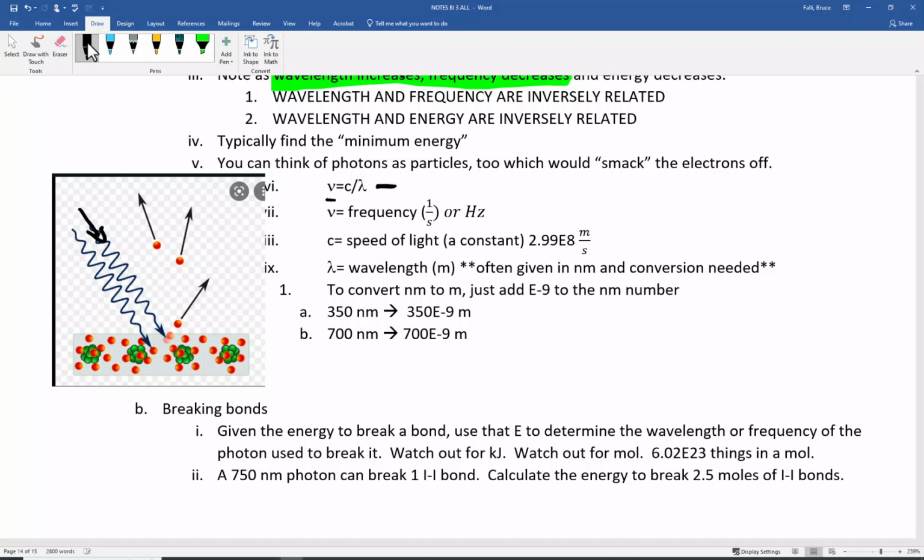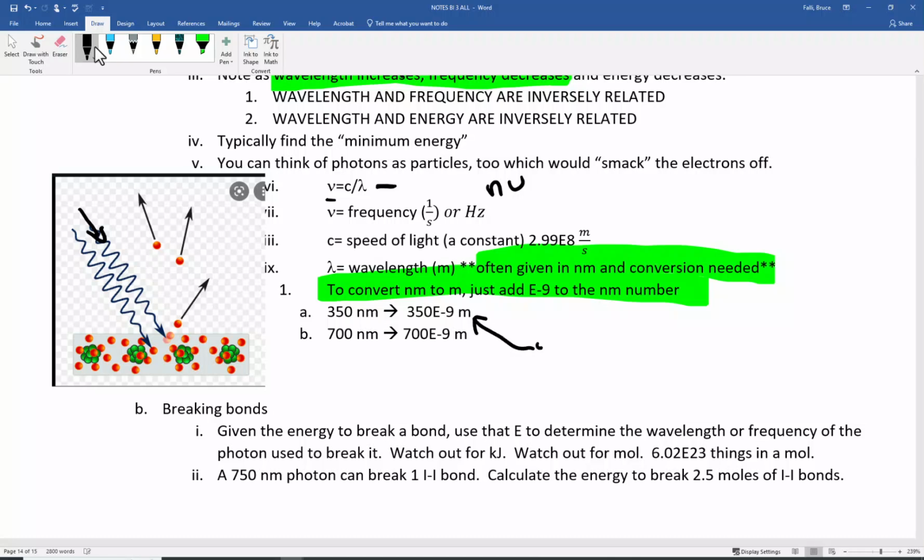Nu is the Greek letter nu. The speed of light is a constant, 2.99 E8 meters per second. Lambda is wavelength in meters, but it's very often given in nanometers. To convert nanometers to meters, we just add E negative 9. 350 nanometers is 350 E to the negative ninth meters.